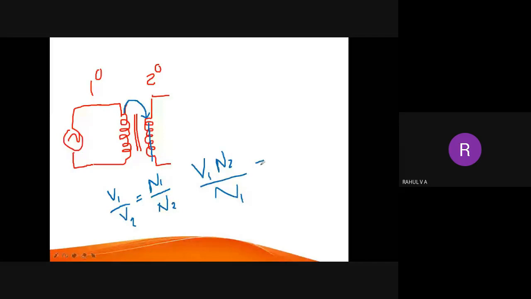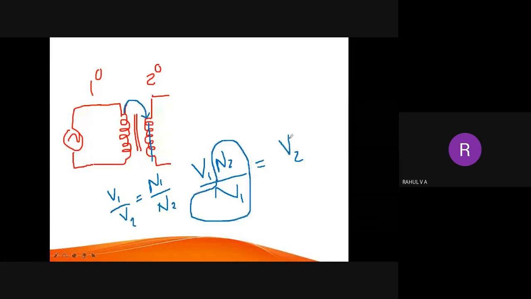By adjusting the number of turns, we can increase or decrease the voltage V2. Okay, we are giving V1 here, so that is our applied voltage. Then by varying the number of turns, we can adjust the voltage at the secondary. If you want, you can increase the voltage. If you want, you can reduce the voltage. That you can do.